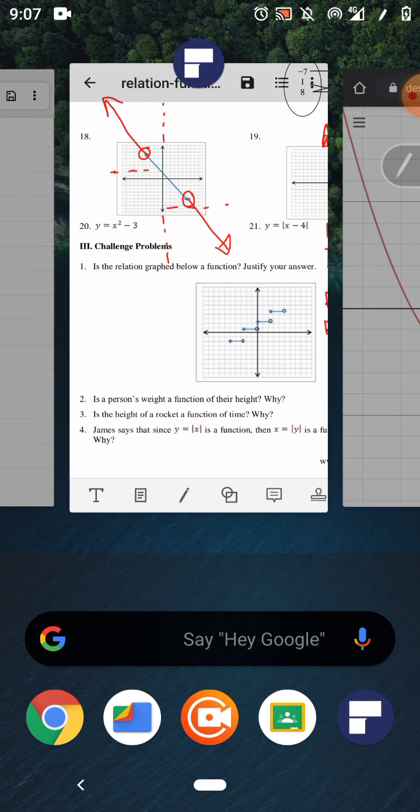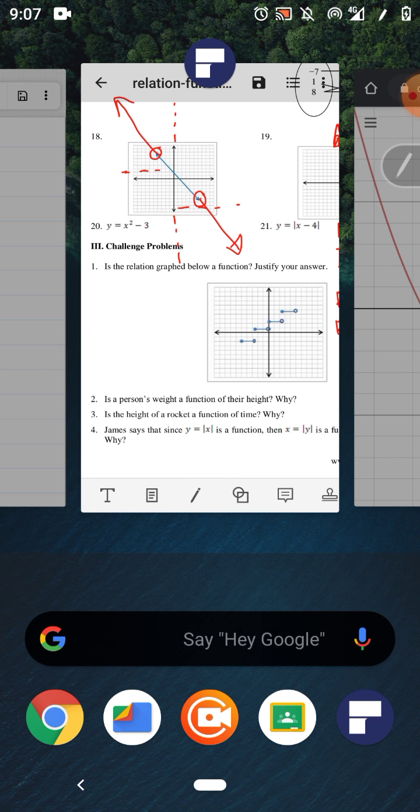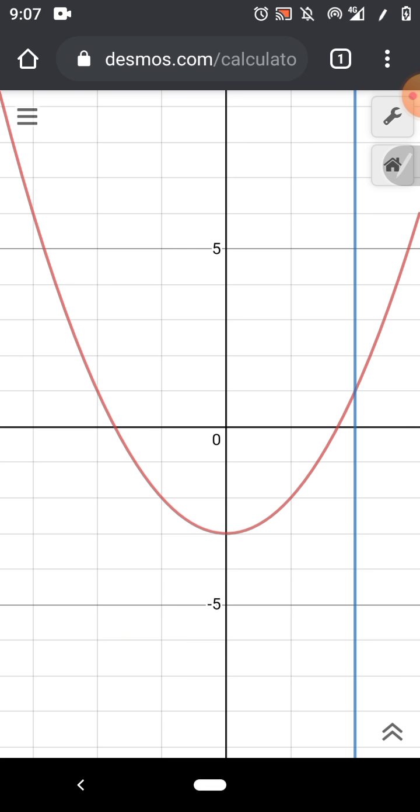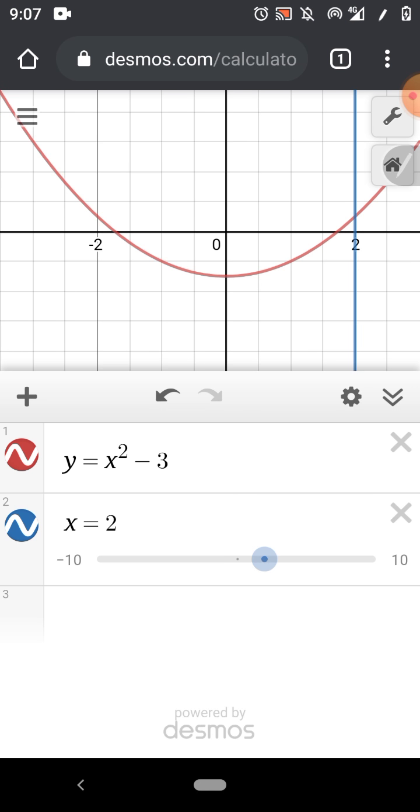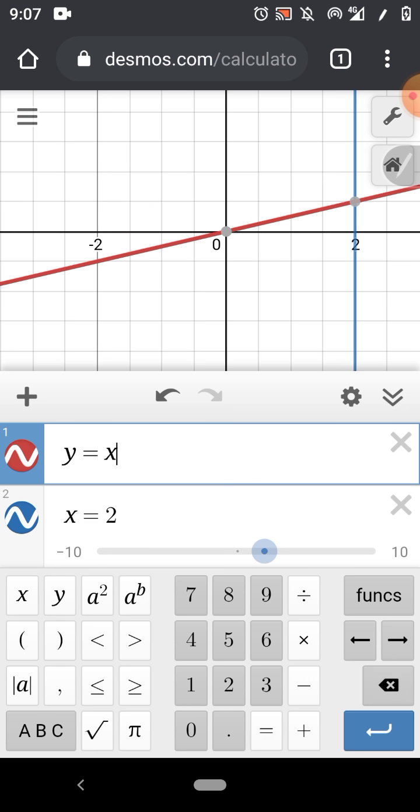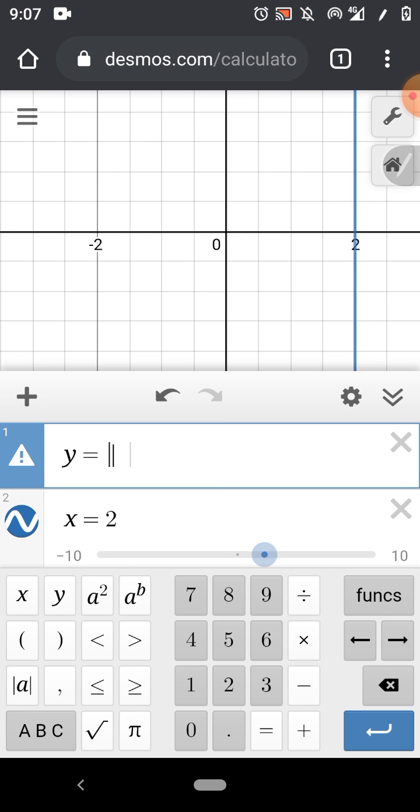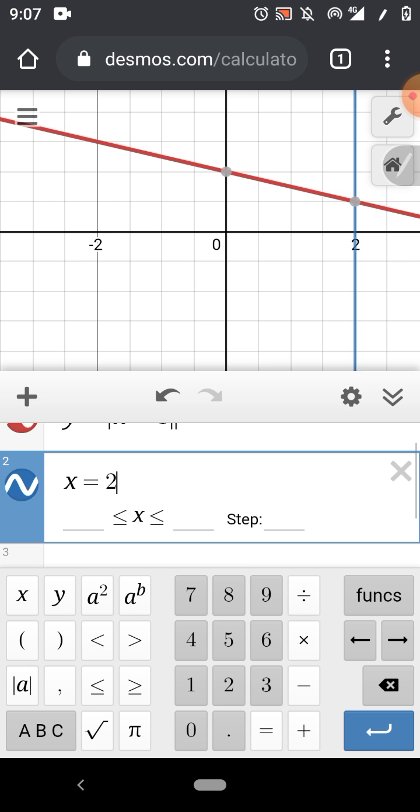21 was magnitude of x minus 4. Now remember, magnitude simply means only the positive values, or consider the positive values only. So magnitude of x minus 4, that's what it looks like.